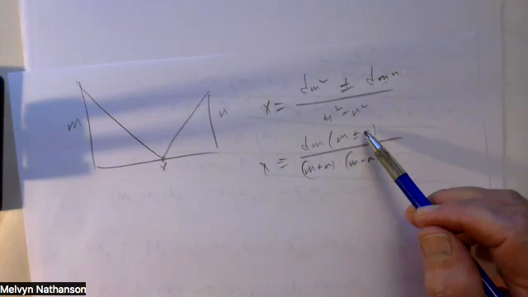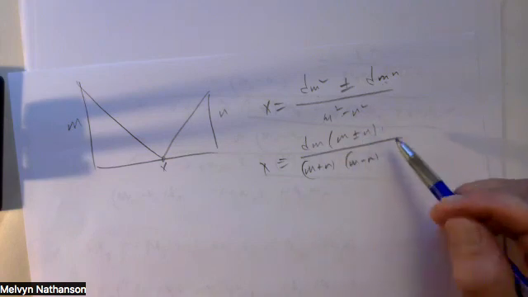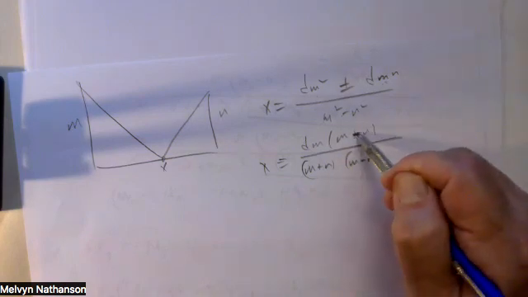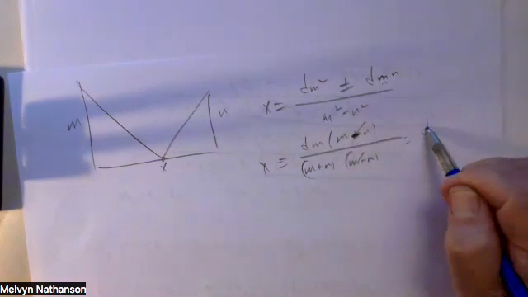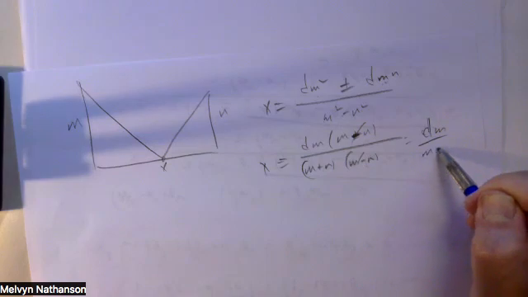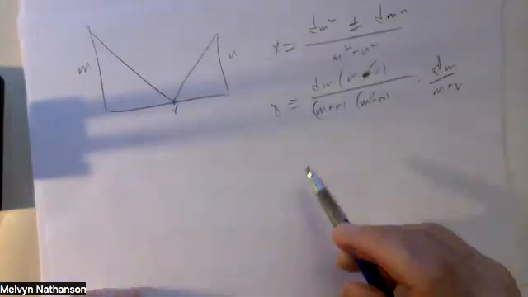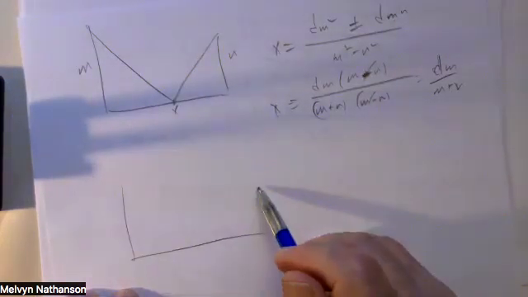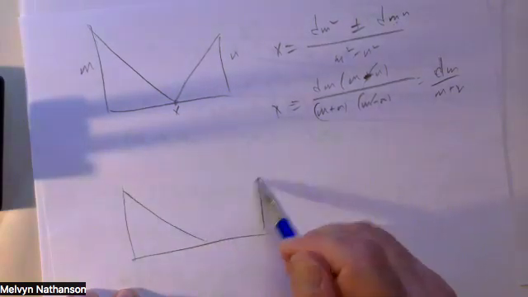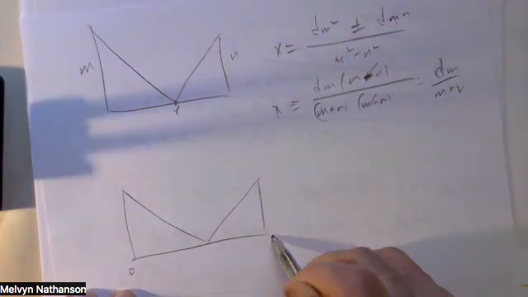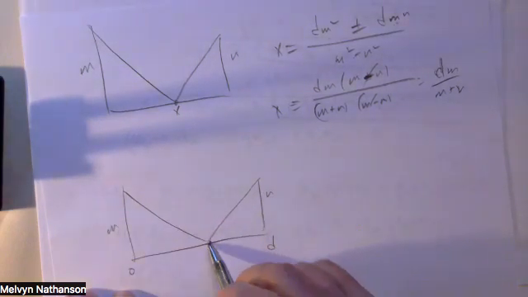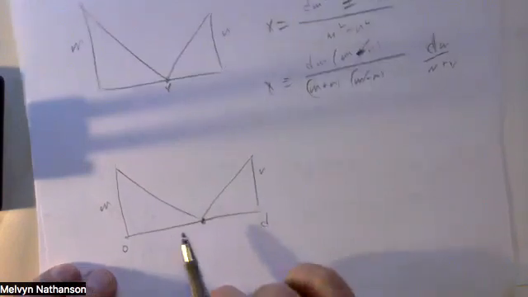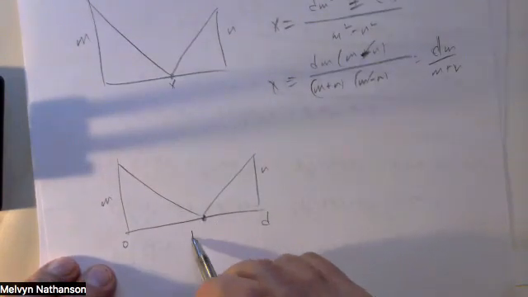If it's dm over m plus n, so let's make this m minus n, these cancel. So we get dm over m plus n. Aha. So we solved our problem. This is 0, this is d, this is m, this is n. This point that minimizes the length of the wires is dm over m plus n.